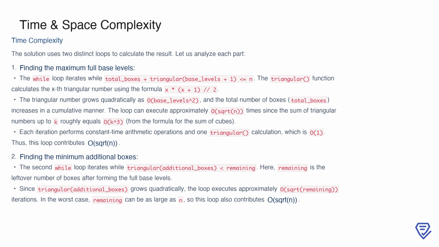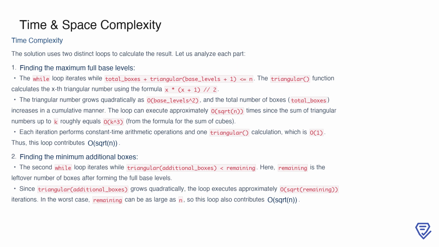This means that the total number of iterations in this loop is proportional to the square root of n, since the cumulative sum of triangular numbers up to k is approximately proportional to k^3. Each iteration performs constant-time arithmetic operations and calls the triangular function, which is also O(1). Thus, this loop contributes a time complexity of O(sqrt(n)).